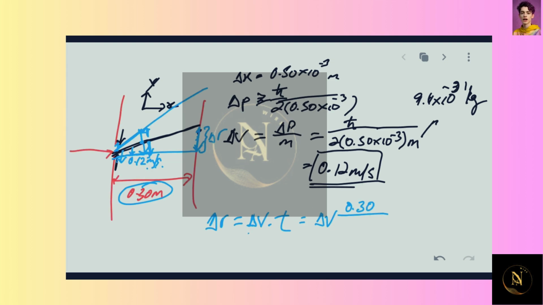So the speed we can find by taking the kinetic energy divided by the mass.